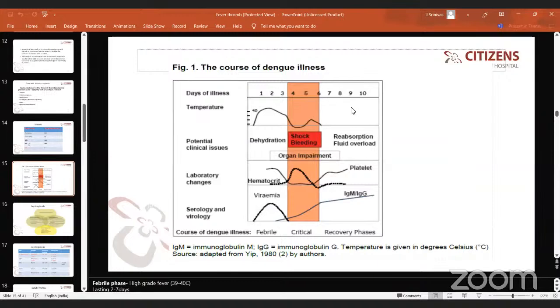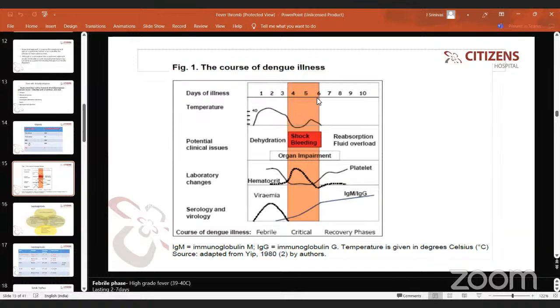Then from 6 to 10 days it is white again. In the first 3.5 days, temperature is high, dehydration is more, it can cause organ impairment, and hematocrit is low. Here platelets are normal and viremia is high. So this is the phase where NS1 will be positive, around the first 3.5 days only.